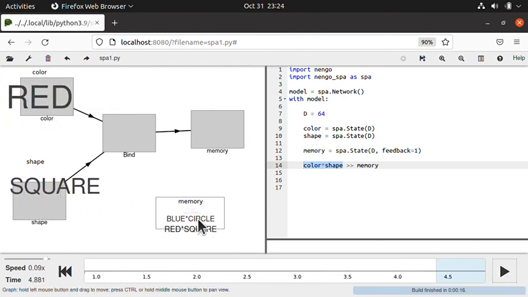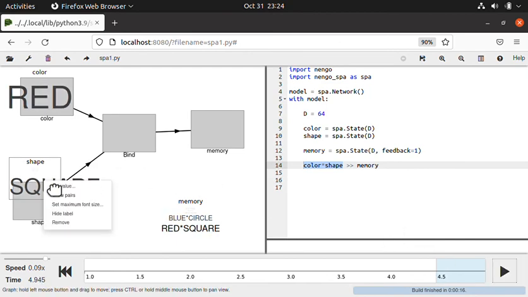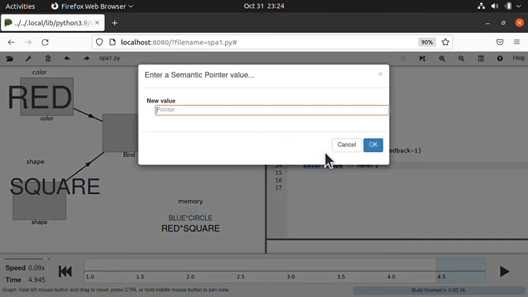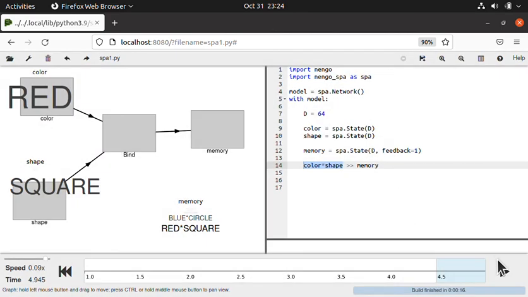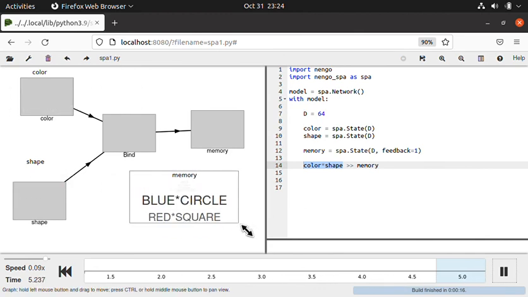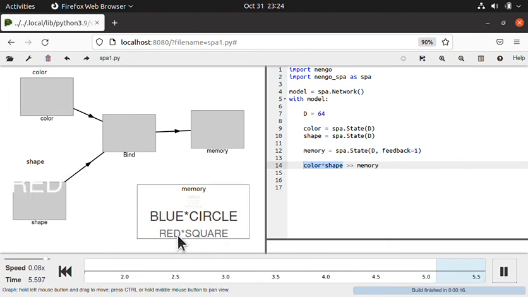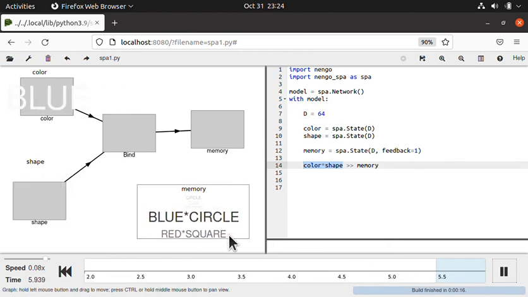My memory now has both things in it. I'm going to take away this vector. And my memory has in it a vector that's pretty close to the vector for blue circle and pretty close to the vector for red square. So we can encode information, we can bind information together.